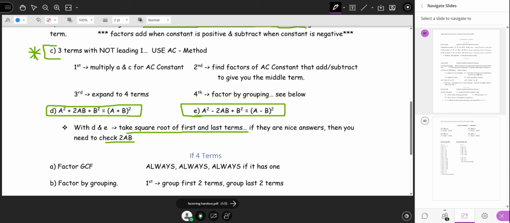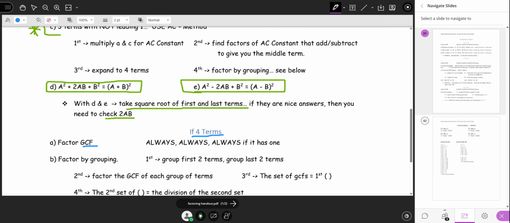Then four terms. Again, GCF is always the first thing you want to check. Factoring by grouping. First, group the first two terms, group the last two terms. Next, factor the GCF of each group of terms.